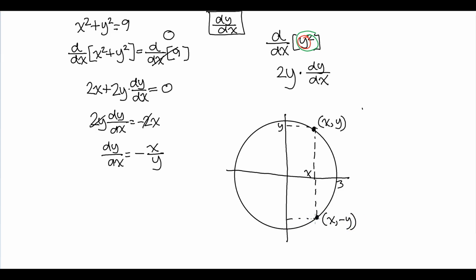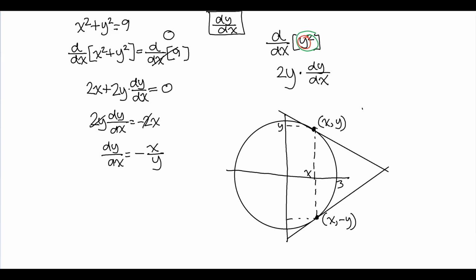And if you were to draw the tangent lines to both of them, which would kind of look like this, you could see they have really different slopes. In fact, one is the negative of the other. So in non-functions, usually you'll see a y term, and it's important to keep in mind that when you differentiate implicitly, you have the possibility of having a y term along with an x term.